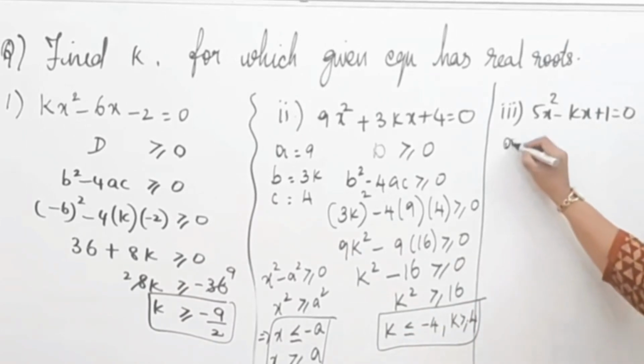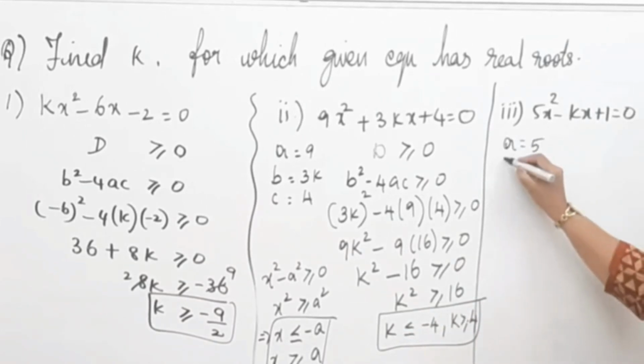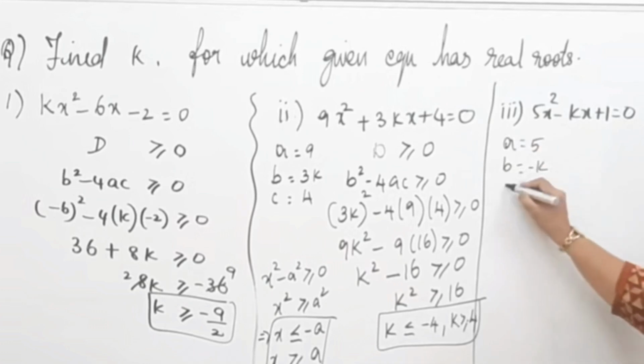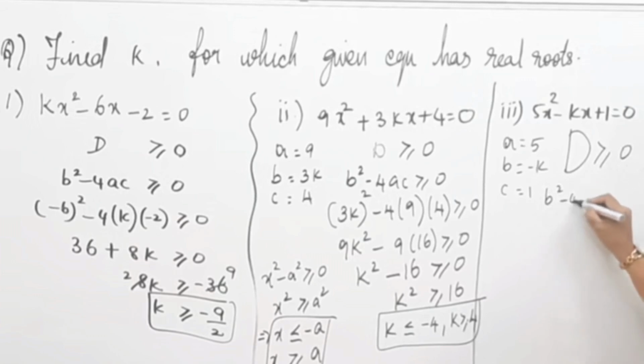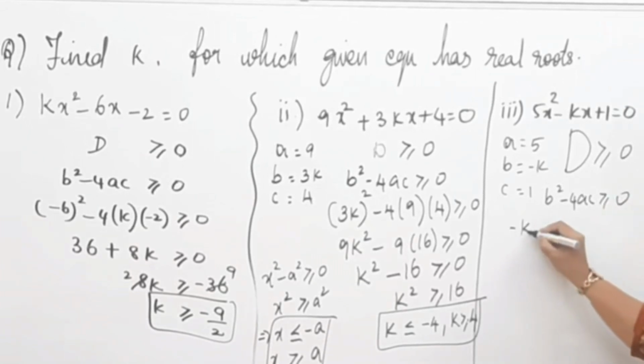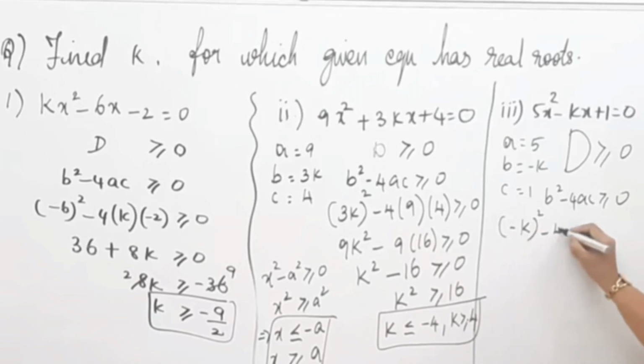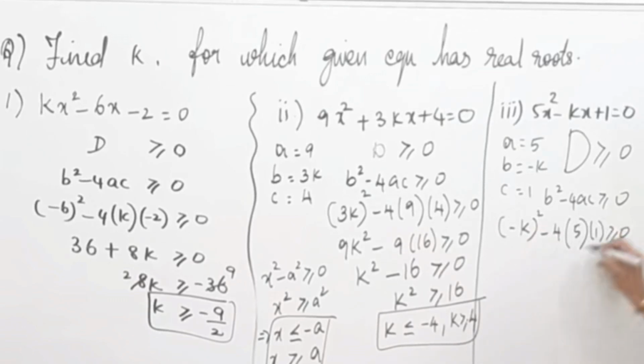Now the same way we go for a is 5 and b is minus k and c is just 1. So we will have D is greater than or equal to 0. B square minus 4ac is greater than or equal to 0. So minus k the whole square minus 4 into a is 5 and c is 1, which is greater than or equal to 0. So k square minus 20 is greater than or equal to 0.